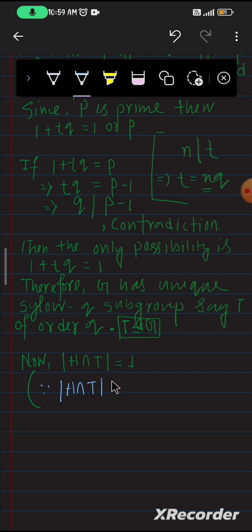By Lagrange's theorem, the order of a subgroup divides the order of the group.